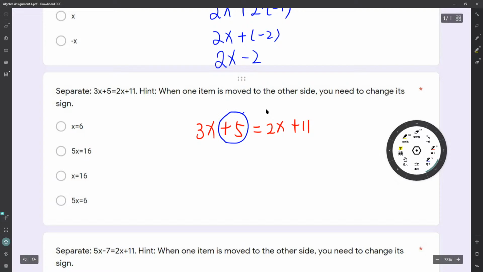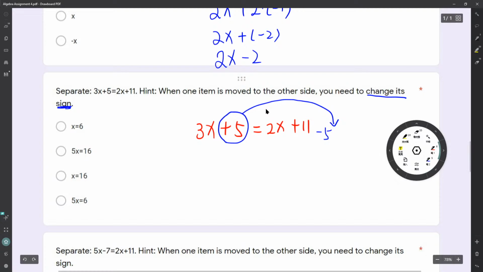We want to move it to the other side. Remember, when one item is moved to the other side, you need to change its sign. This was originally a positive 5. When you move it, it will become negative 5.